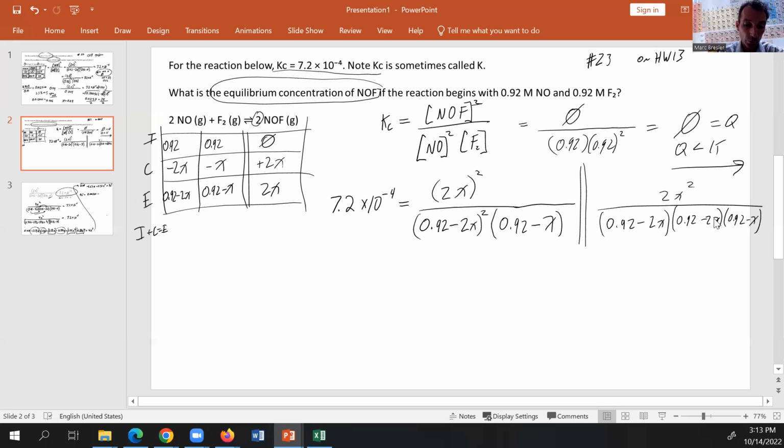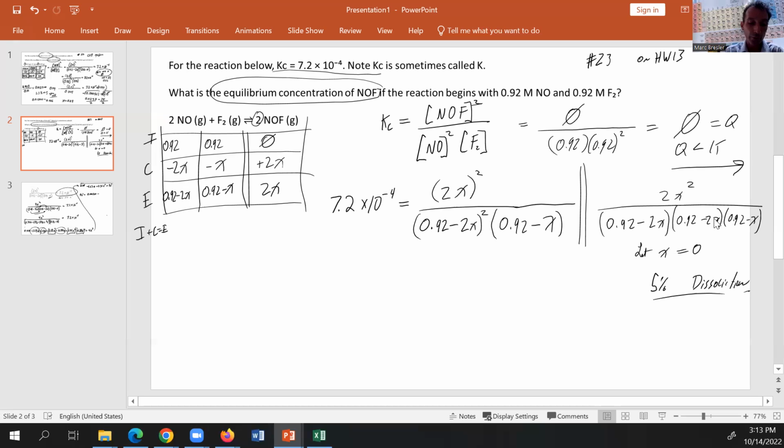So what you want to do is make an approximation. So let x equal 0 compared to the initial amount. And then to test this approximation, it has to be within 5% dissociation. So if these problems get kind of intense like this, it's probably set up for that to work.